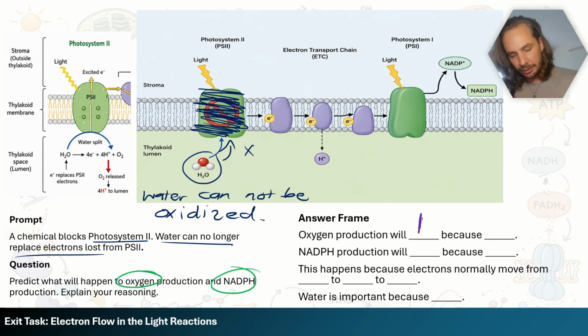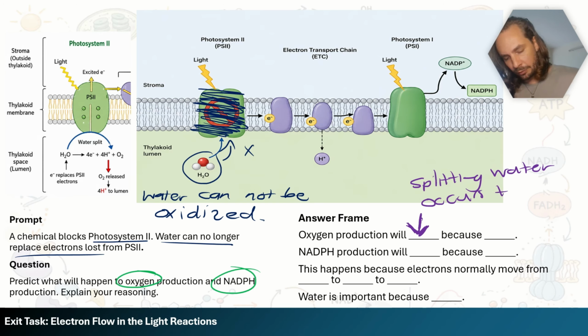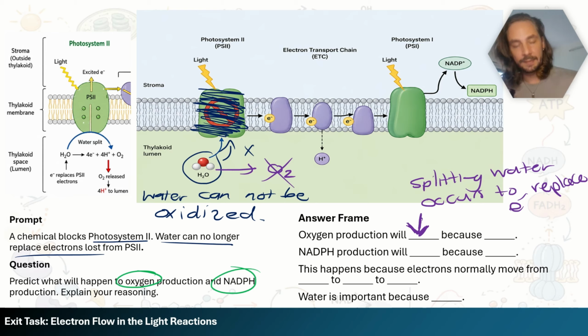Oxygen production would decrease, because splitting water occurs to replace electrons, and if we can't split water, then oxygen formation would not happen. Next, NADPH production would also decrease.